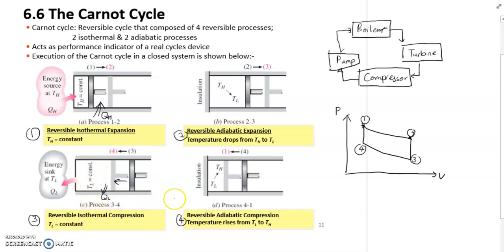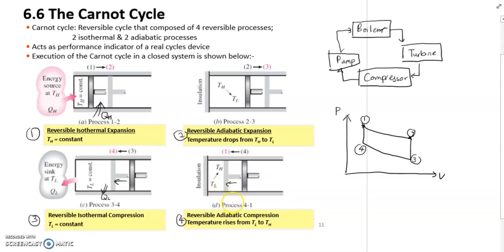Last one, the reversible adiabatic compression. Now your low temperature reservoir is removed. The insulation is put back on the cylinder head, and the gas continues to slowly compress.